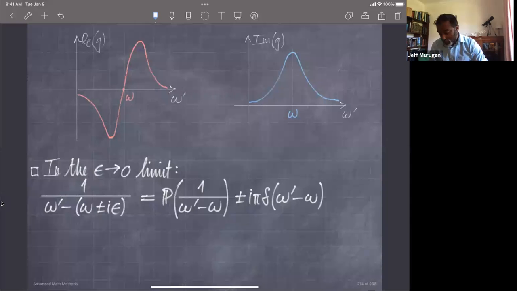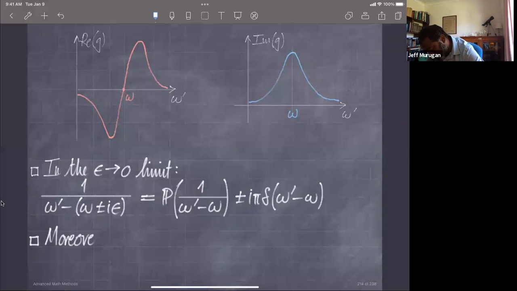We can say even more, because if rho is in fact a real function, moreover, if rho of omega is real, then we can even say the following.